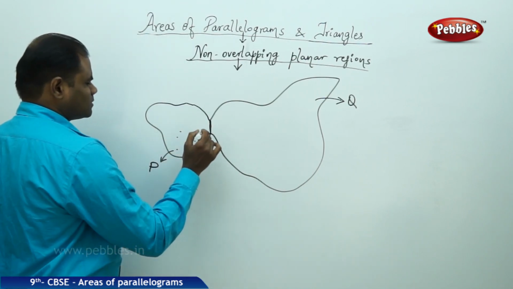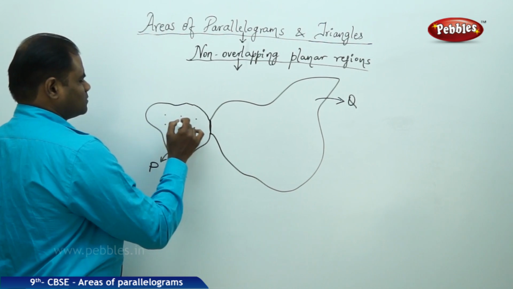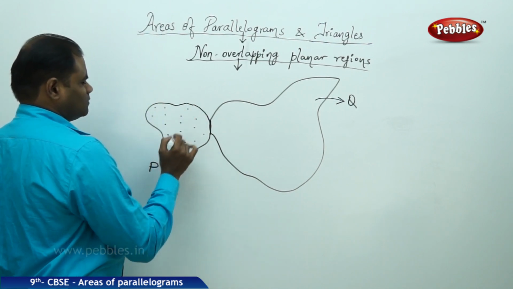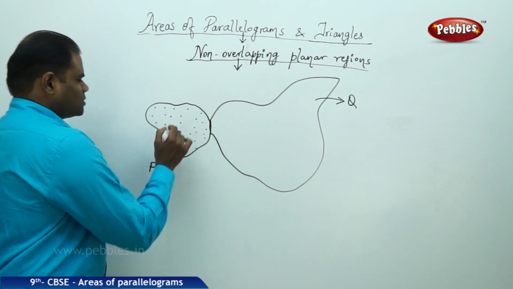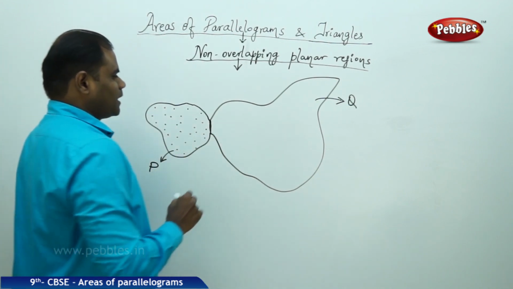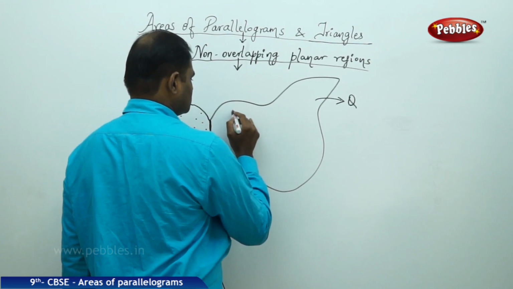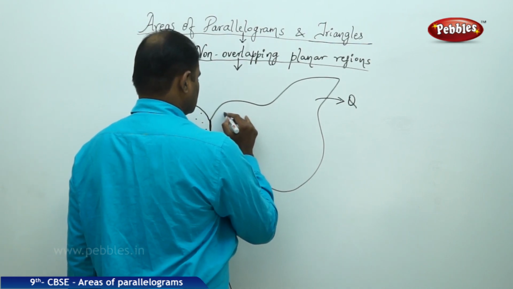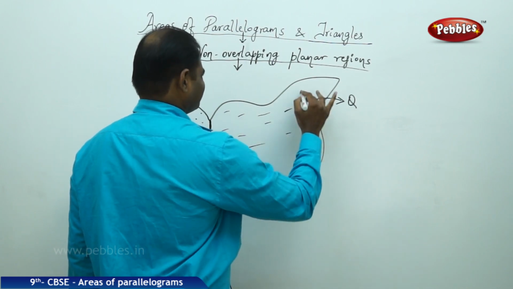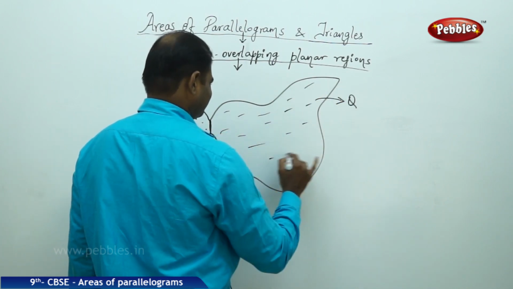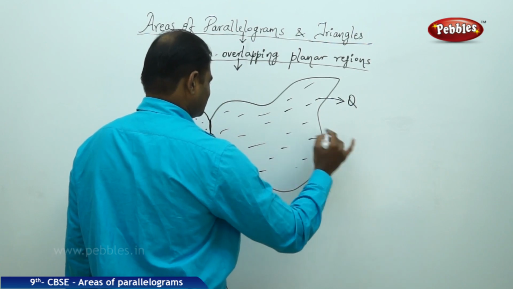This is region 1, as denoted by dots, and this is region 2, as denoted with this.